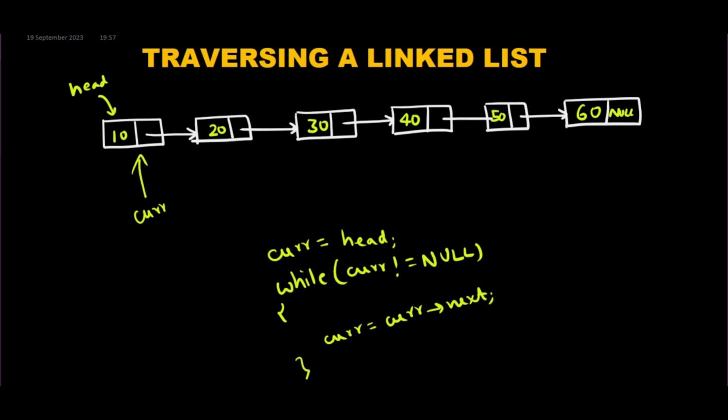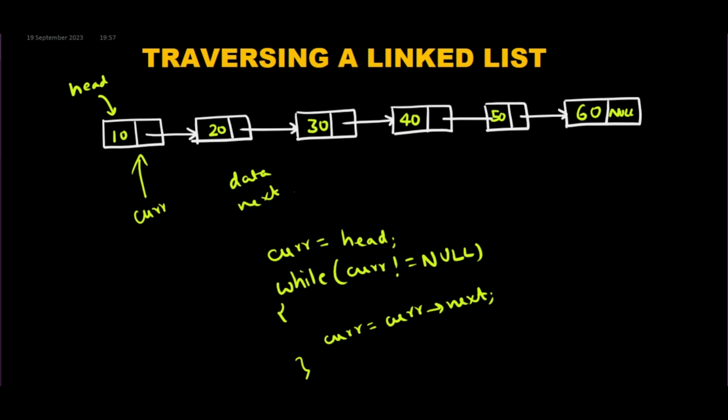We know that in a linked list we have data and next, two variables. Next points to the reference or pointer of the next node. So current arrow next will give us, and in Java we'll do current dot next, the address of the next node.